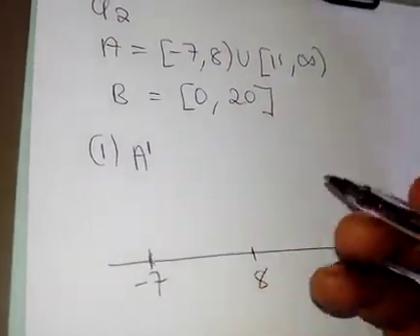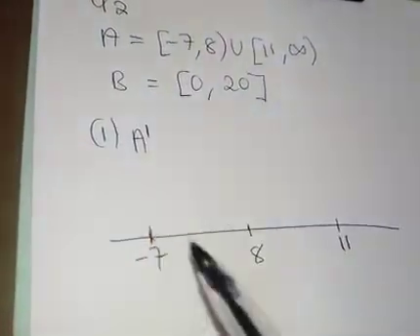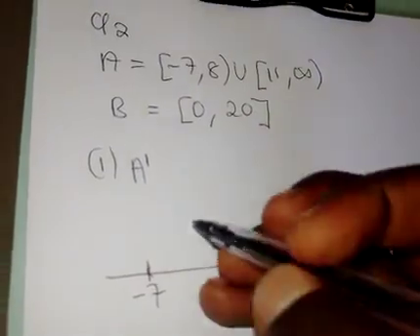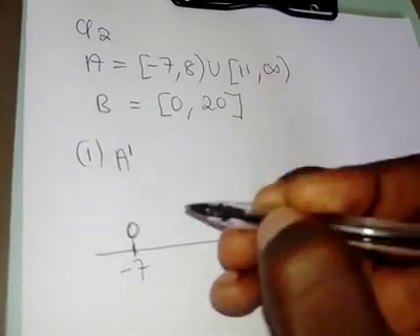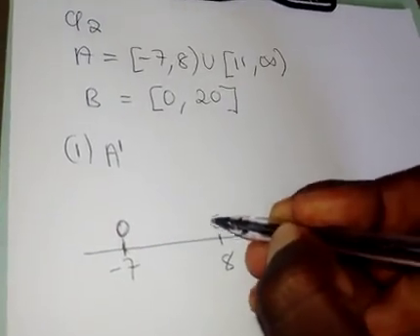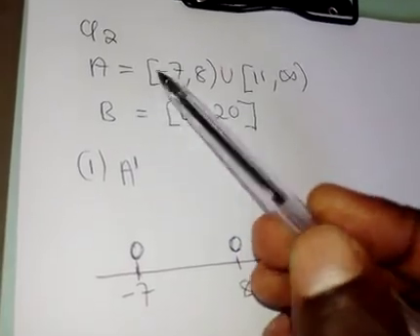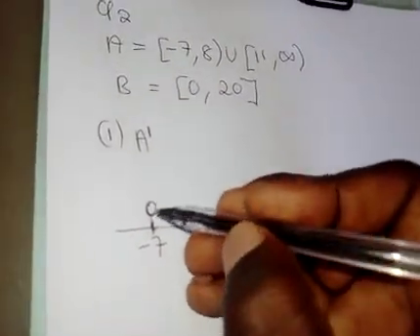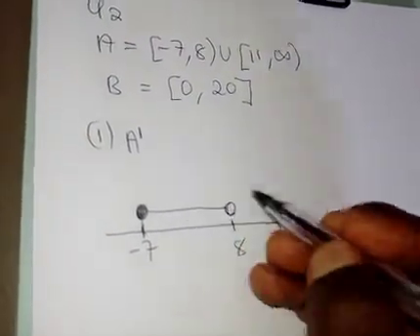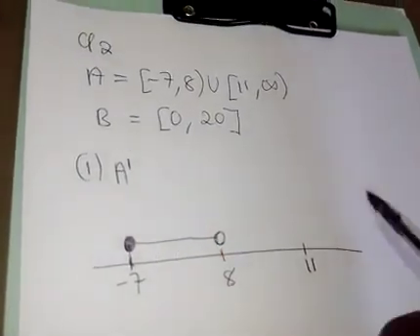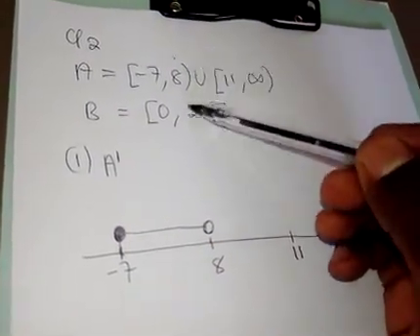Then on top of negative 7, we just deal with the first part, negative 7 to 8. On top, you draw a circle, then a circle like that. Before negative 7, we have a square bracket, meaning it should be shaded like this. Shade it. Then just join the two. This one is left open because we have a round bracket there.